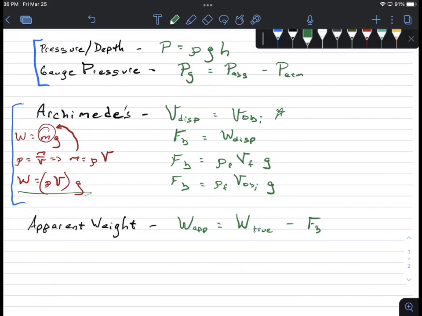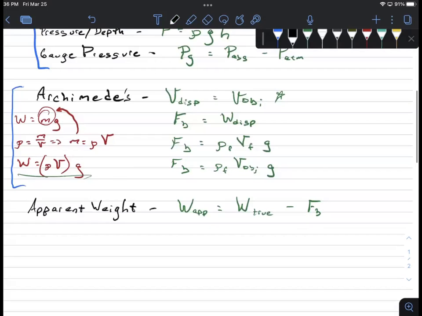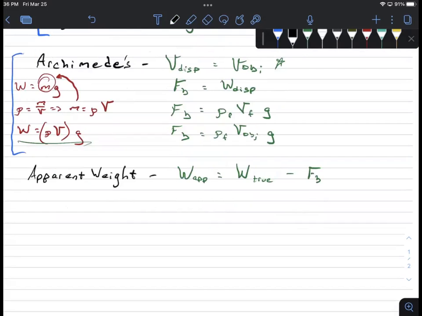And then the other relationship we have is kind of a shortcut for something like, here's some complicated object, a weird shape made of all sorts of materials. I put it on water and it floats. If I know how much of the object floats, versus how much of it is under the surface, I can figure out what the density of that object must be.